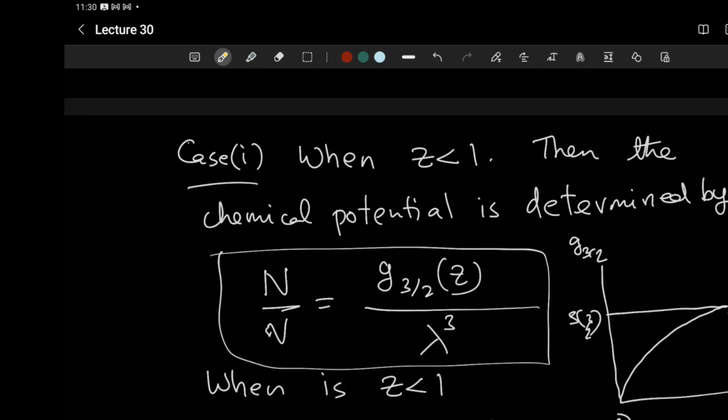Because of that, we couldn't satisfy this equation until we said that whatever is not fitting this formula remains in the ground state. But if this was unbounded, if it goes to any value below 1, then there is no issue. You will not see Bose-Einstein condensation. So it's a very dimension dependent thing.